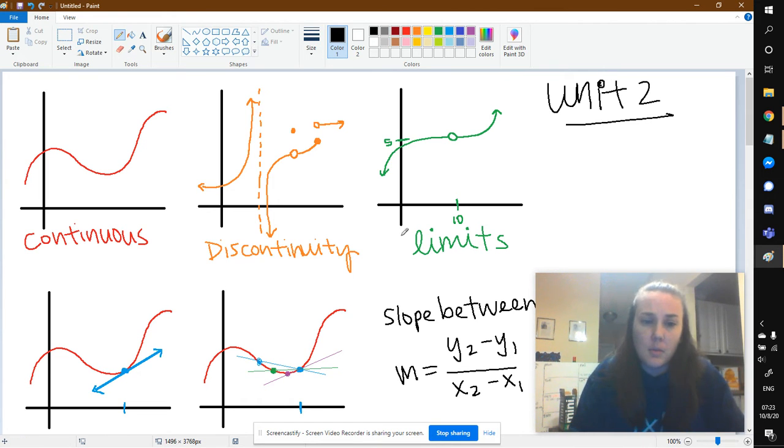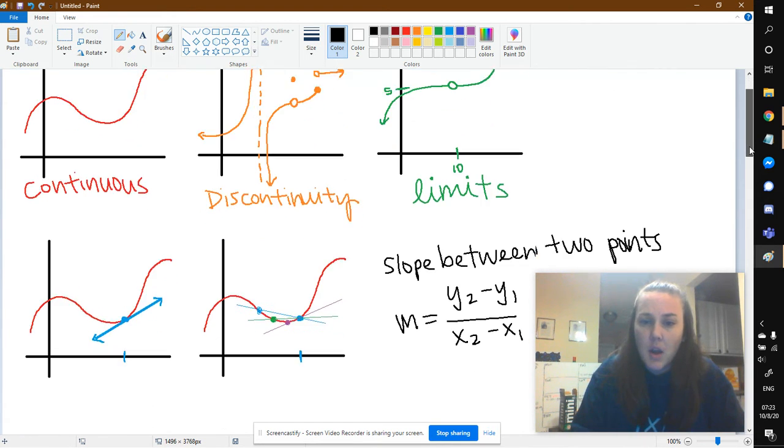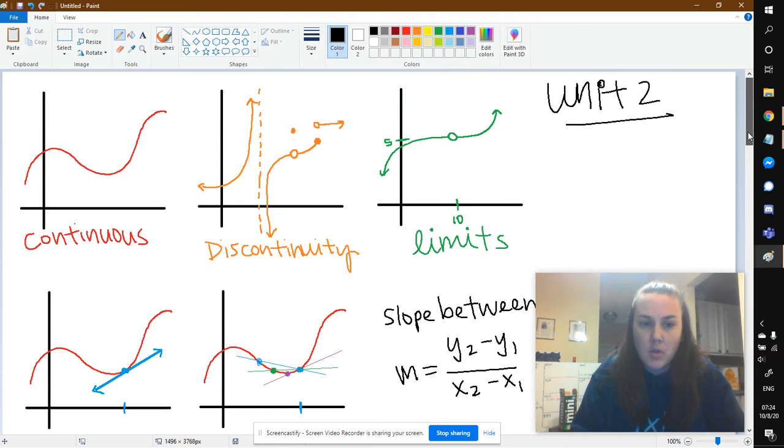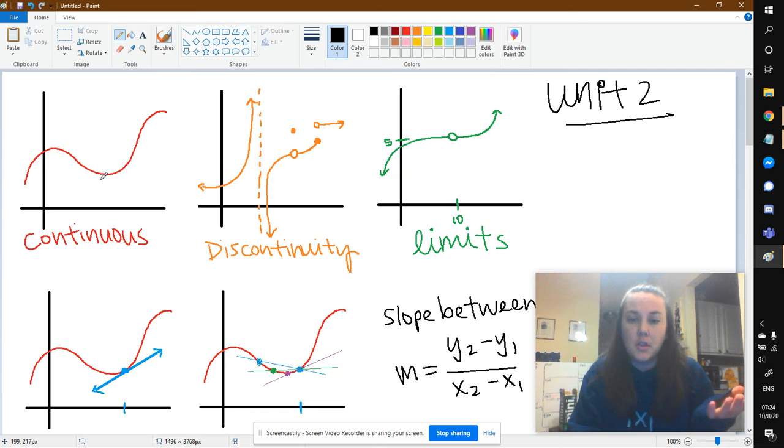The big three things that we're going to be talking about this unit are continuity, so when a function is considered continuous and when it's considered discontinuous. We're going to be talking about limits. We're going to be able to find them graphically and algebraically, so like writing things out math-wise and seeing pictures.